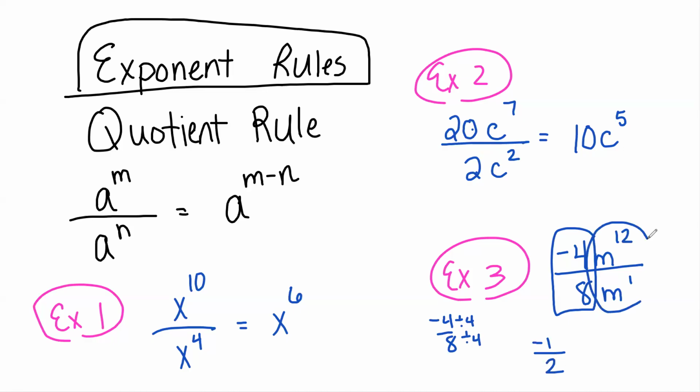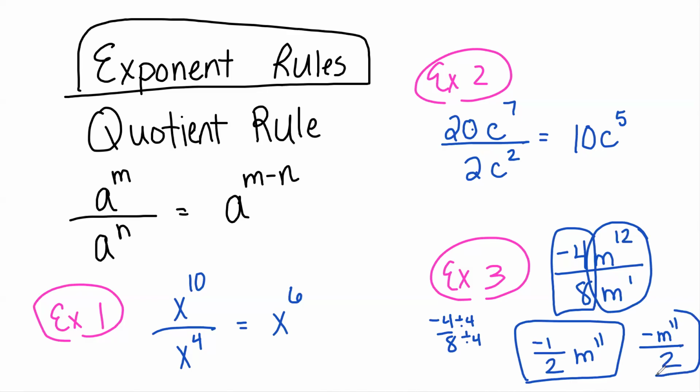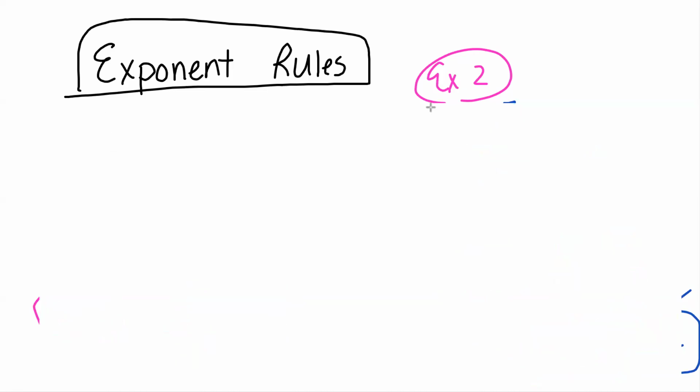And now subtract the exponents, that would be m to the 11th. Answer, or you can write it like this, negative m to the 11th over 2. We can let that negative 1 be invisible. Either way is correct. It doesn't really matter. Those are the same. However you prefer. That is the quotient rule. Again, I'll mix that in a second, but those are some basic examples of quotient rule. Let's do power rule.